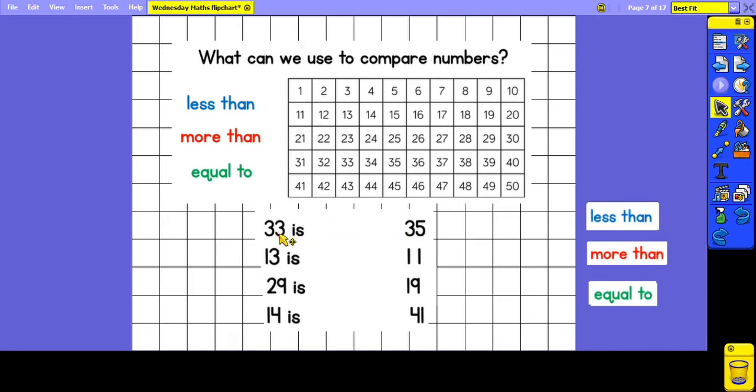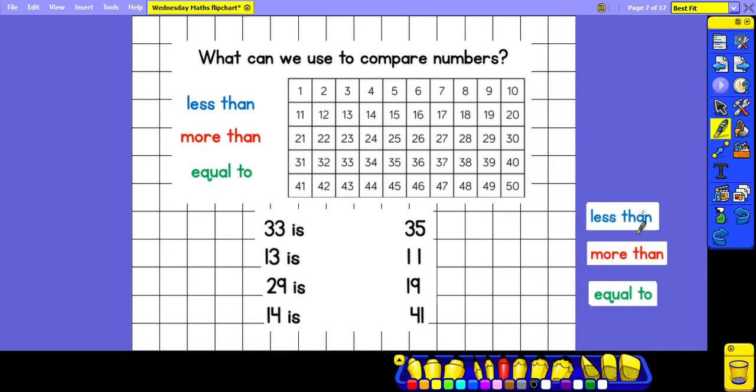So we need to decide for the first one if 33 is less than, more than, or equal to 35. So if we find 33 on the number square and then find 35, we can see that 33 is less than 35.